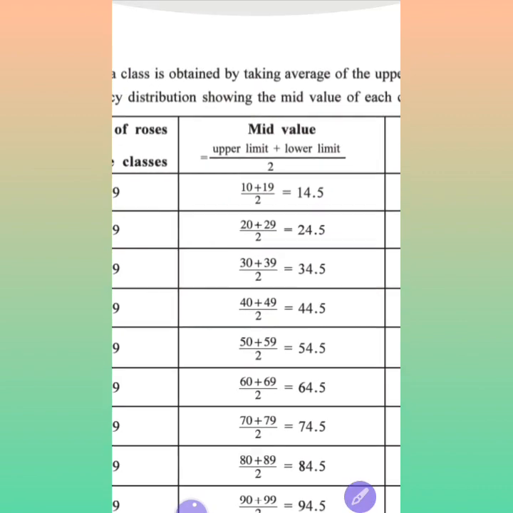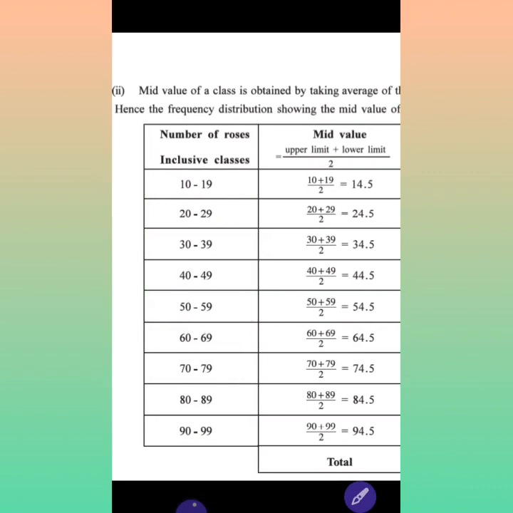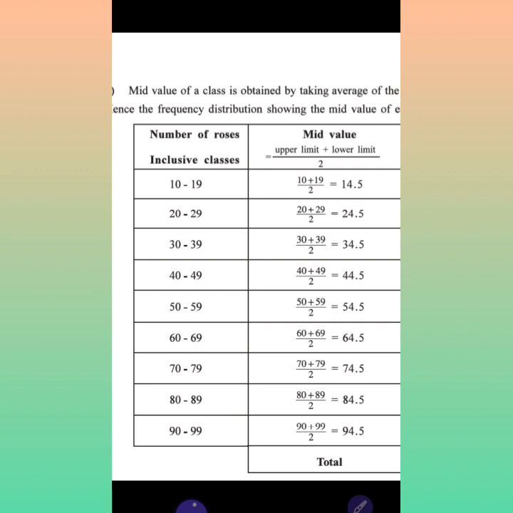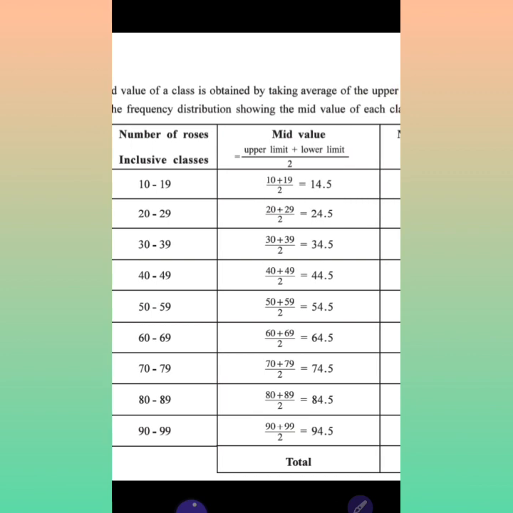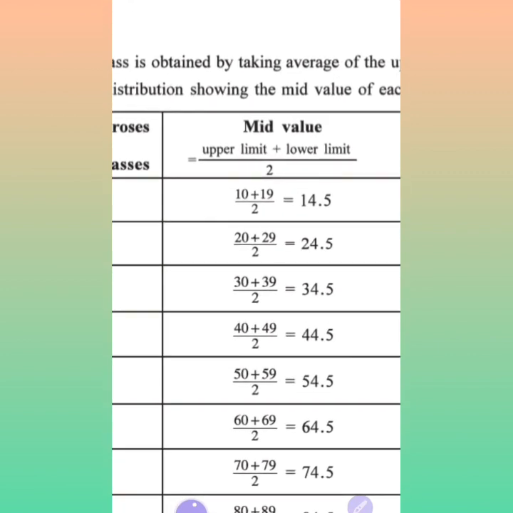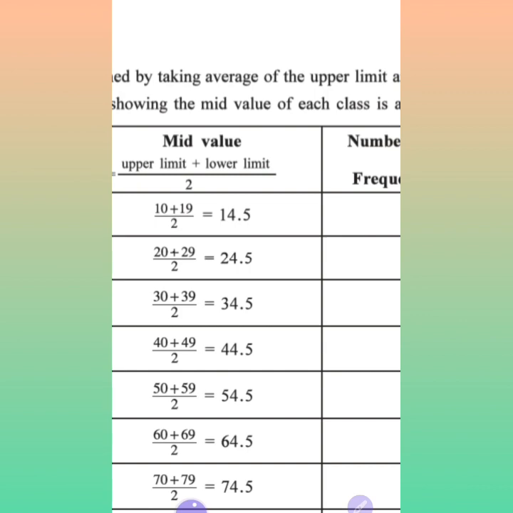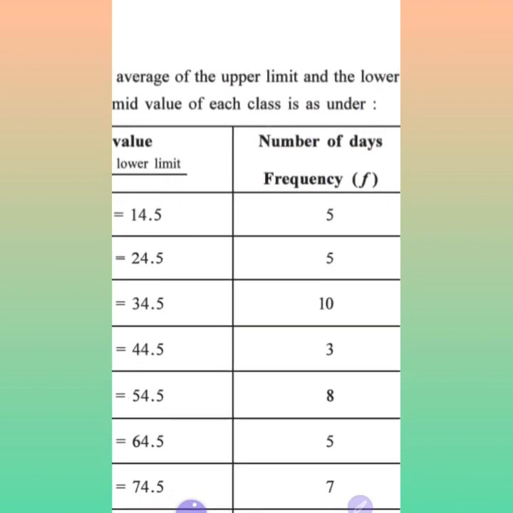So over here, with the help of our inclusive frequency distribution, for 10 to 19, it is 10 plus 19 divided by 2. As you use your calculator, it comes to 14.5, and that 14.5 is our mid value, and the frequency was 5.